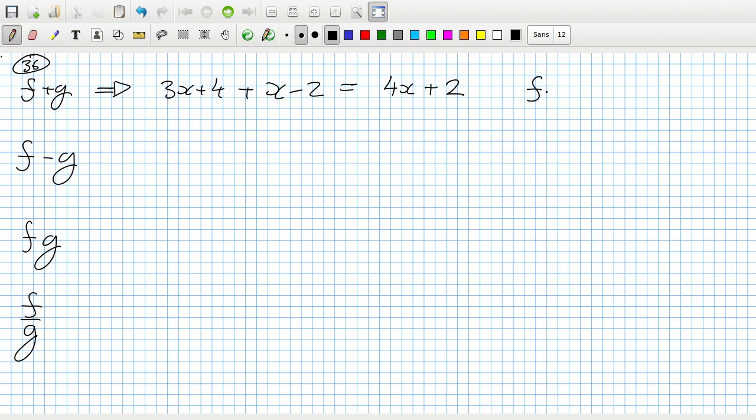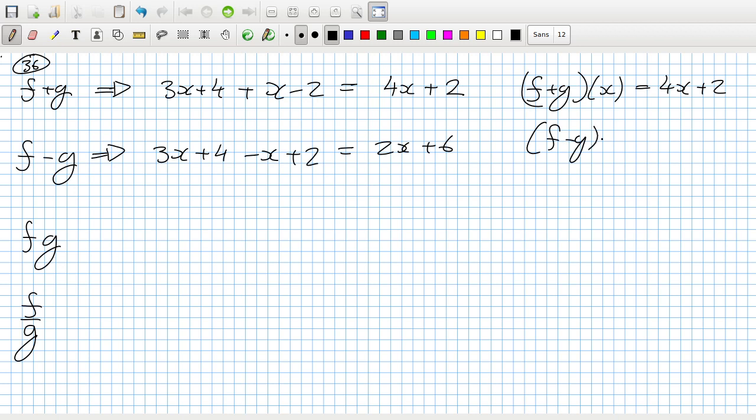So the function f plus g of x is equal to 4x plus 2. Okay, that will be 3x plus 4 minus x plus 2. That would be 2x plus 6. So the function f minus g of x is 2x plus 6.